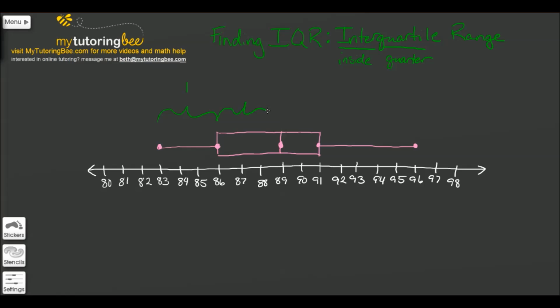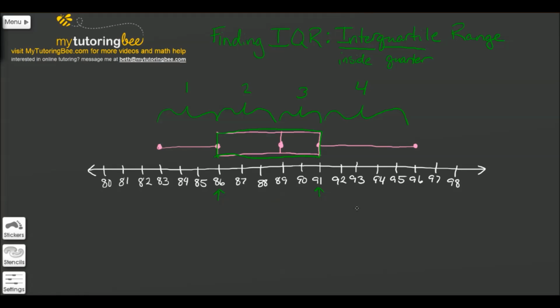So let's just section these off again just to get a visual. We've got our 4 sections, and we know that the interquartiles are the boxes, the inside of the 4 sections that we have represented here. So we're just looking at the box for this particular data set.